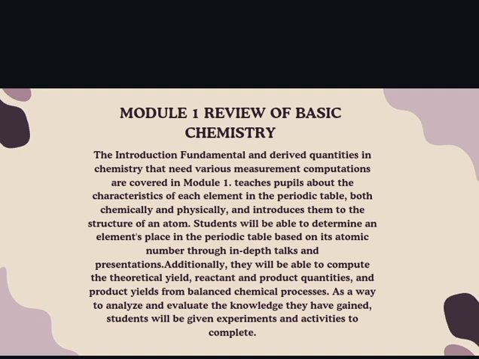Additionally, they will be able to compute the theoretical yield, reactant and product quantities, and product yields from balanced chemical processes. As a way to analyze and evaluate the knowledge they have gained, students will be given experiments and activities to complete.